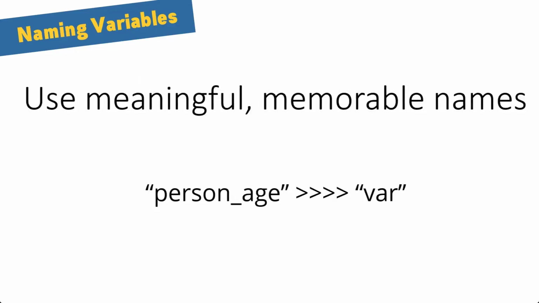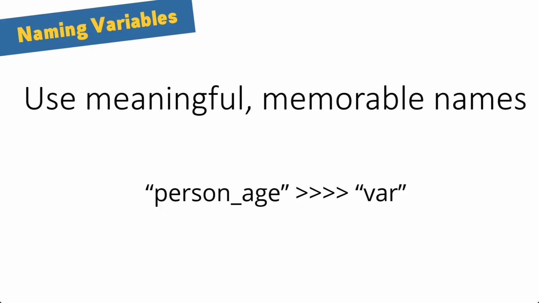Now, using snake case is all fine and good, but keep in mind that the case you use is not as important as the actual name of the variable. It's always a good idea to give your variables meaningful, memorable names that describe what they're used for. For example, if you have a variable that stores a person's age, you could call it something generic like var1.